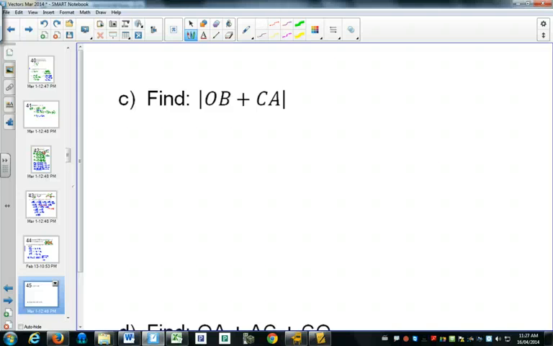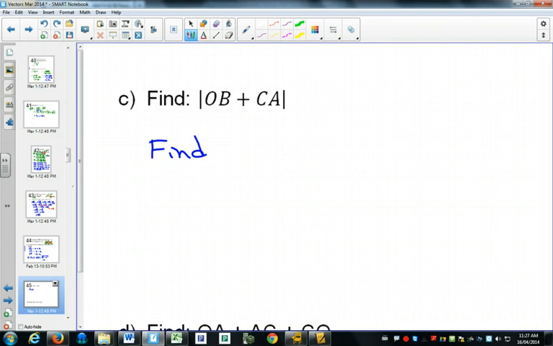Now, if you went OB and added CA, and we want to find the length of those two together. Well, let's look at what happens when we add those vectors together.